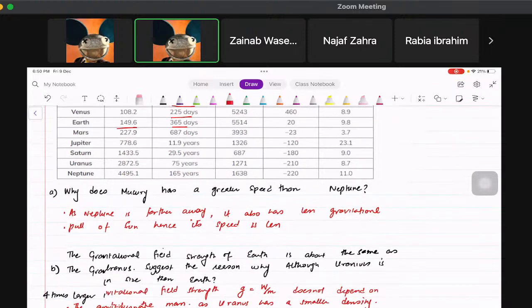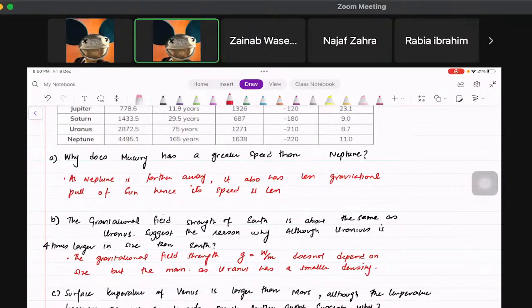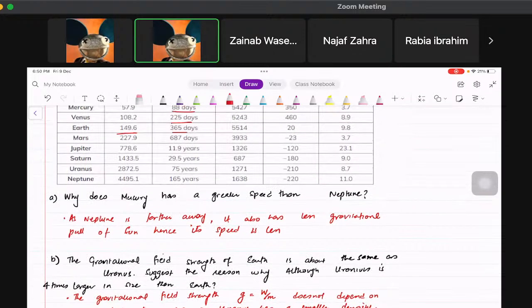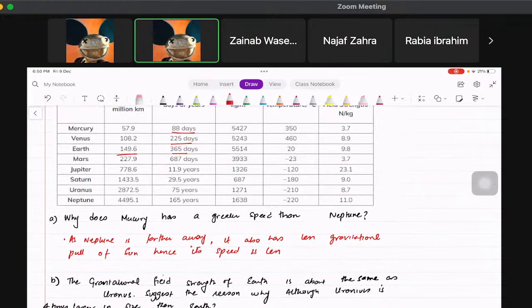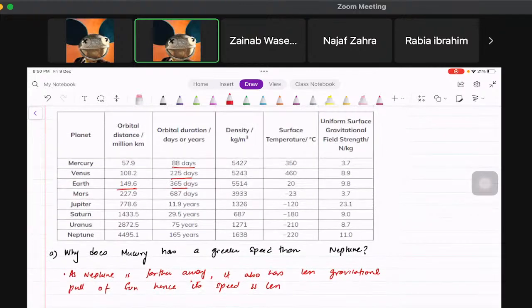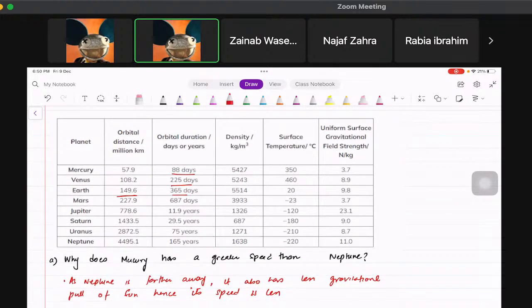Is that clear? Now, the last question I wrote was: the surface temperature of Venus is larger than Mars, although the temperature decreases as we go towards planets further away. Like you see, Mercury has 350 and the surface temperature of Venus is 460. But as we go down, the temperatures are constantly decreasing. Why is there an increase here? Anybody has an idea?